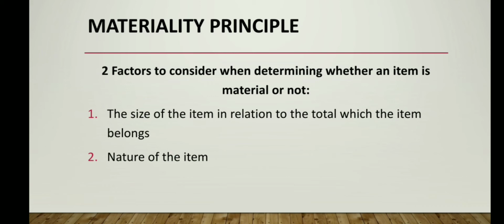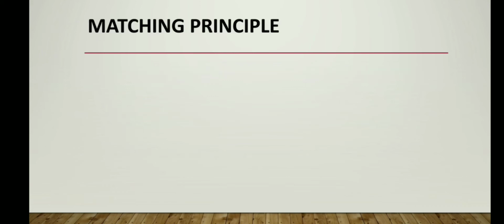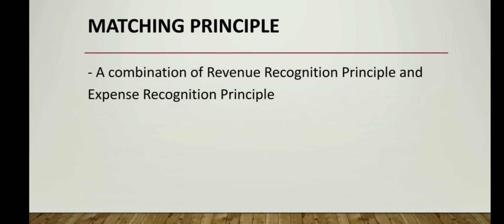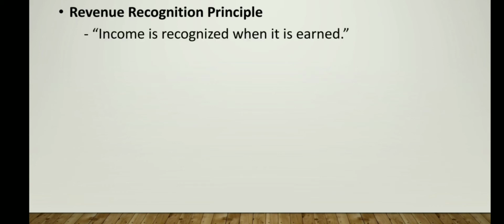Okay, moving on to our fourth principle, which is the matching principle. So this is a combination of the revenue recognition principle and the expense recognition principle. Under the revenue recognition principle, income is recognized or recorded when it is earned.